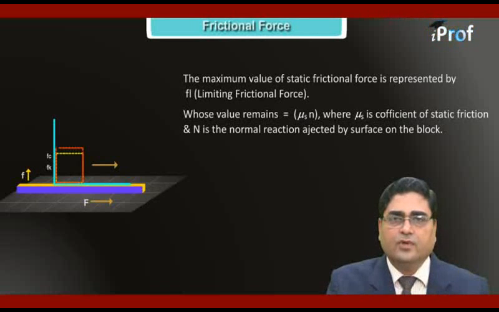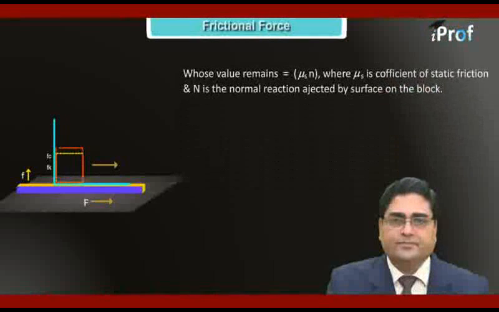Now, when applied force becomes equal to limiting frictional force, then frictional force is still static in nature, and its value in this case is equal to applied force, which is here equal to limiting frictional force, that is equal to μs N.